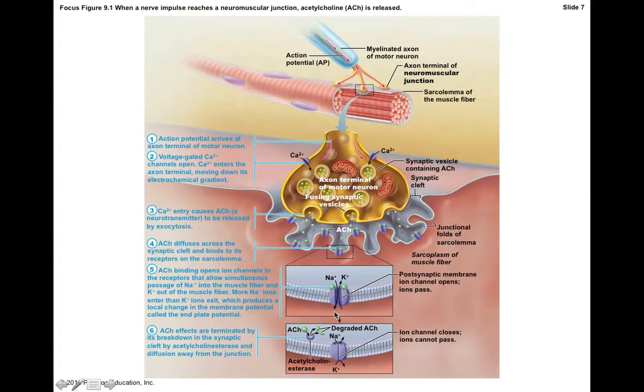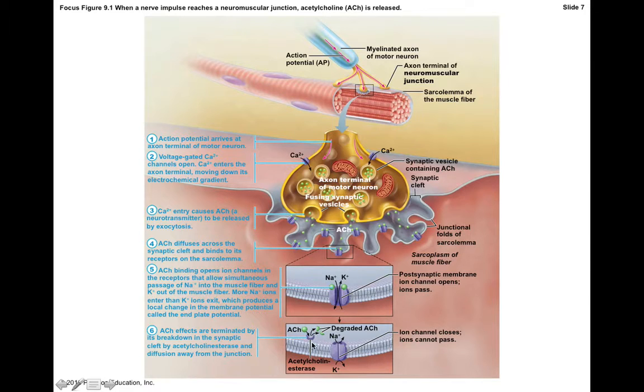An end plate potential is a little local area of depolarization or positive charge that has the potential now to maybe stimulate an action potential or electrical impulse in the muscle cell. Now, to get rid of the stimulus, or to get rid of the signal here, we have another enzyme called acetylcholinesterase.